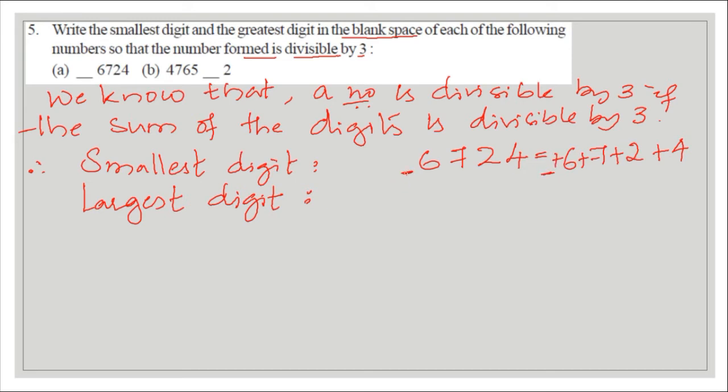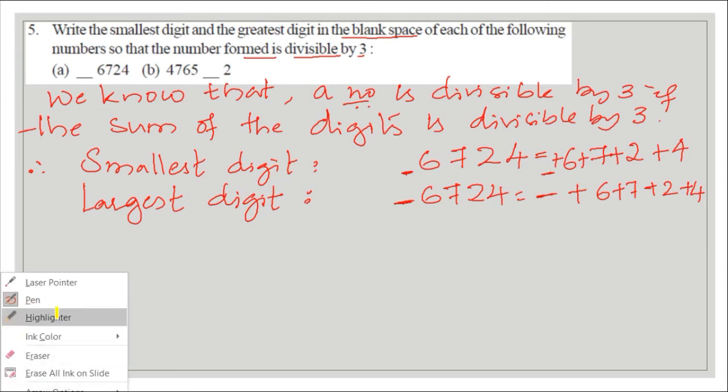In the same way, for the largest digit also, the rest of the digits on addition should give the sum such that it is exactly divisible by 3. Let's look at what is 2 plus 4 is 6 plus 7 is 13 plus 6 is 19.